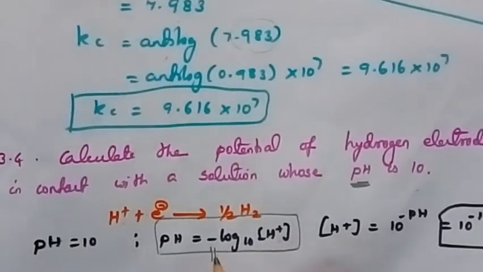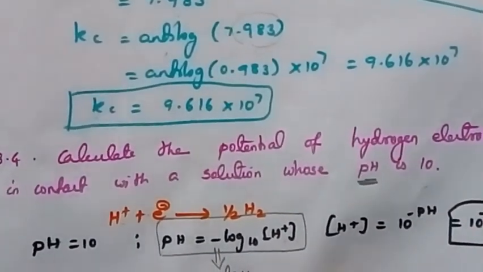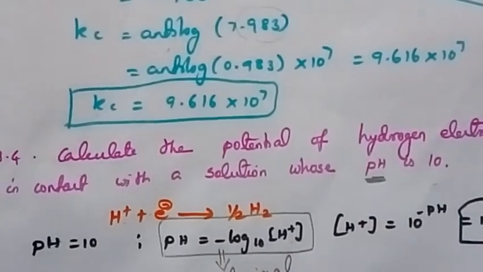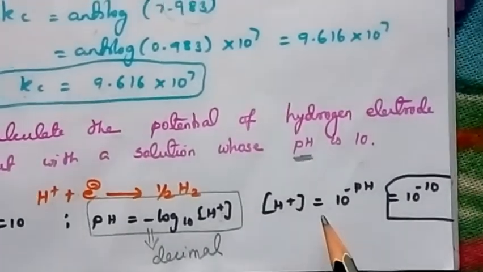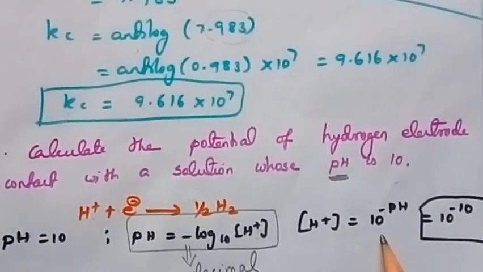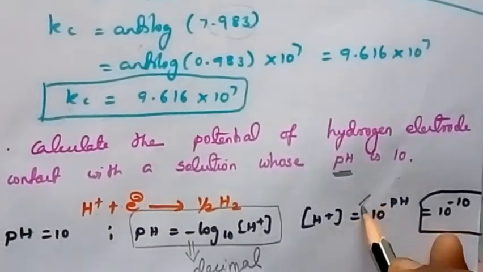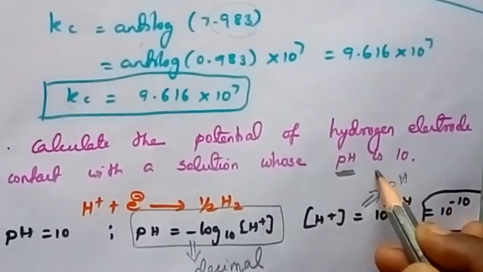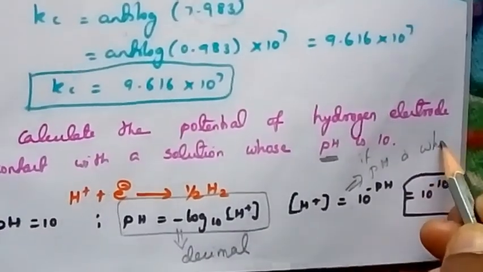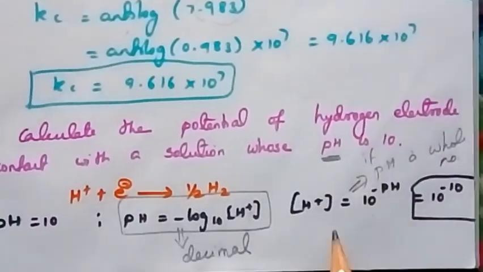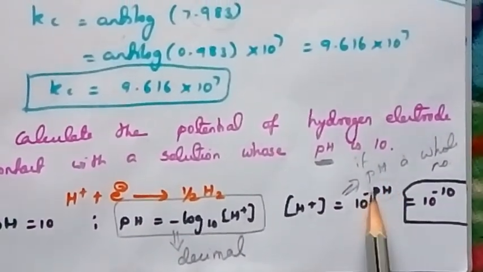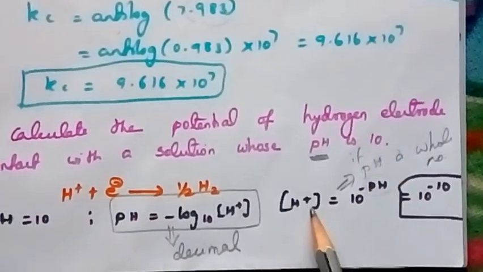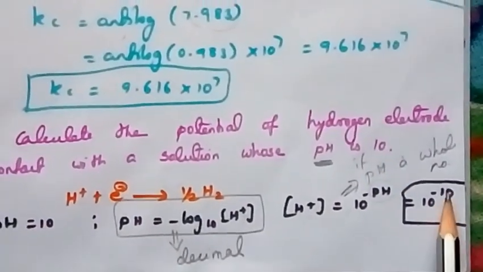If the pH value is given in decimal, we can use this formula. Otherwise there is another formula, that is H plus is equal to 10 power minus pH, if it is a whole number. So H plus concentration is equal to 10 power minus pH. pH value is 10. So H plus concentration is equal to 10 power minus 10.